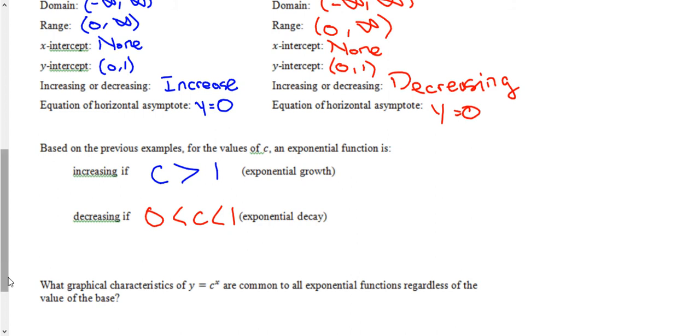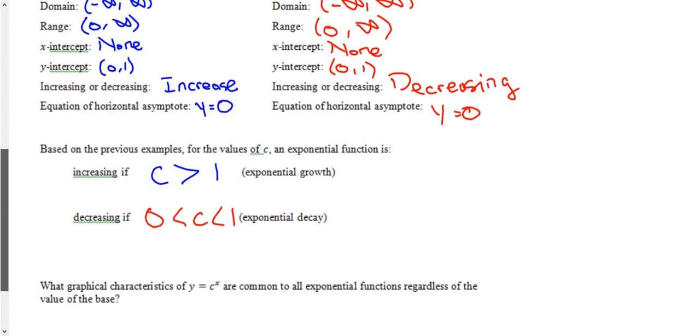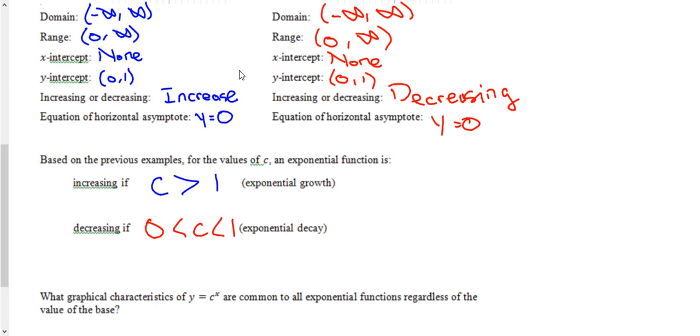Down here it says, what graphical characteristics are common to all exponential functions regardless of the value of the base. So basically it's asking you, out of these characteristics up here, which one's the same, or if you really want, which one's the only one that's different. Well, the only one that's different is our direction, our increasing or decreasing.